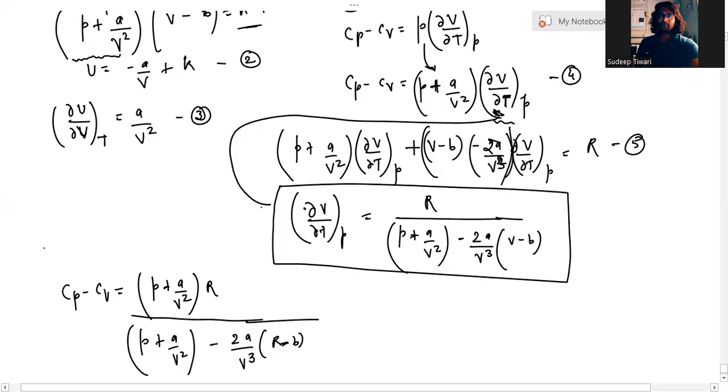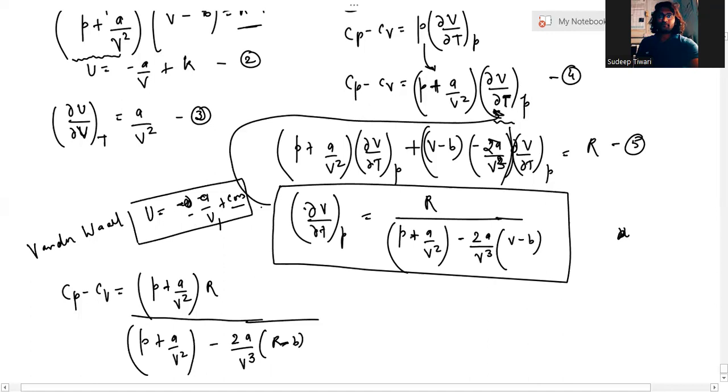Basically this expression is for van der Waals gases, where your internal energy is equal to minus A upon V. So now internal energy depends upon volume. So no longer your del U by del V would be zero. So now I'll add this particular term, that is del U by del V at a constant pressure, I think.